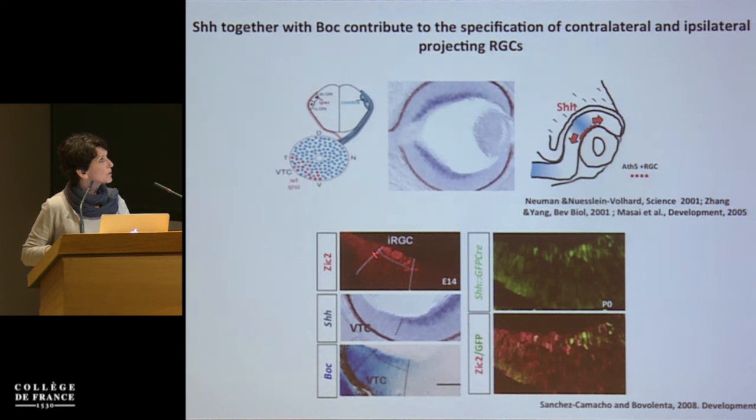So some time ago, we asked whether or not this absence of sonic hedgehog in the ventrotemporal part of the retina and this BOC-specific expression in this region was relevant for the specification of ipsilateral projecting neurons.